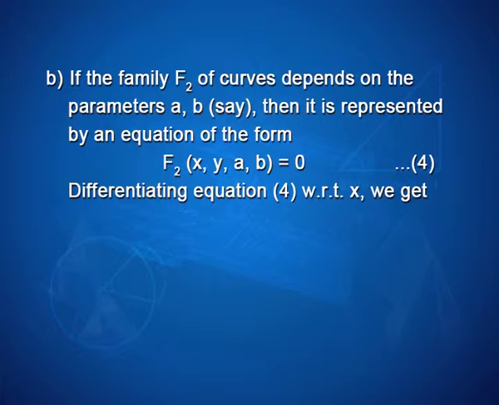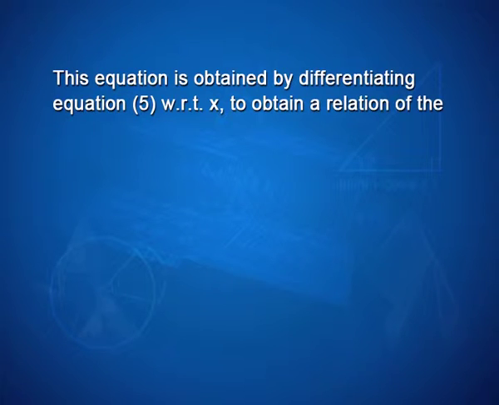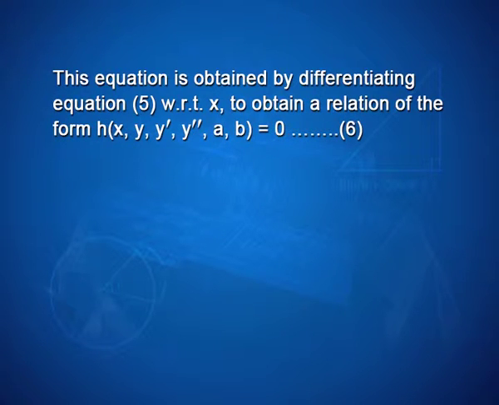Differentiating this equation with respect to x, we get g(x, y, y dash, a, b) is equal to 0, but it is not possible to eliminate two parameters a and b from the two equations, and so we need a third equation. This equation is obtained by differentiating equation 5 with respect to x to obtain a relation of the form h(x, y, y dash, y double dash, a, b) is equal to 0.